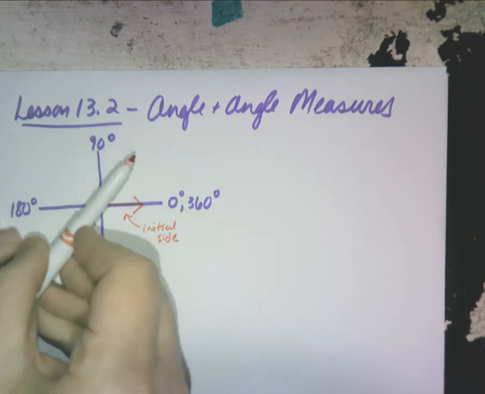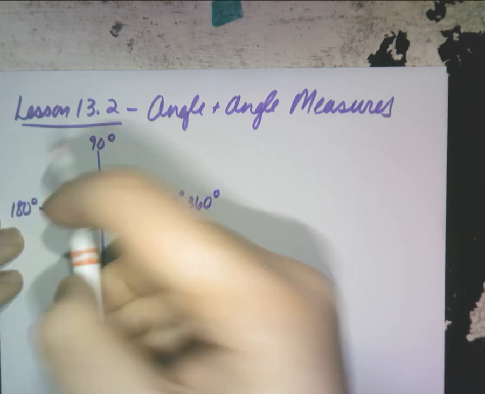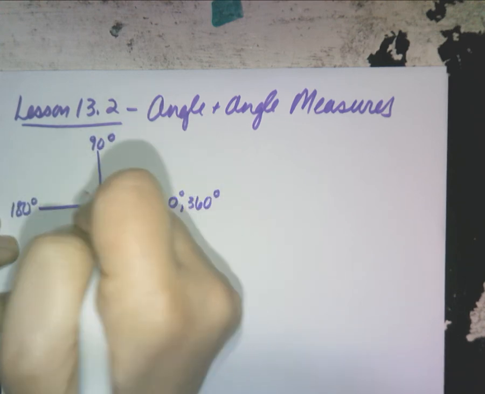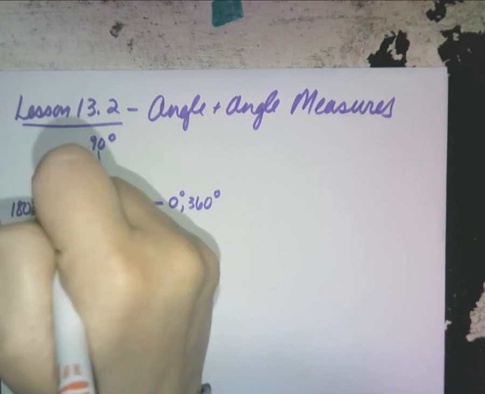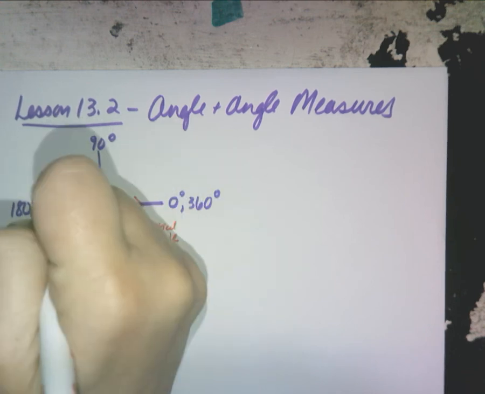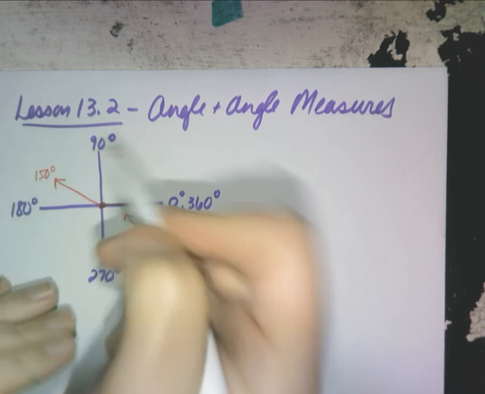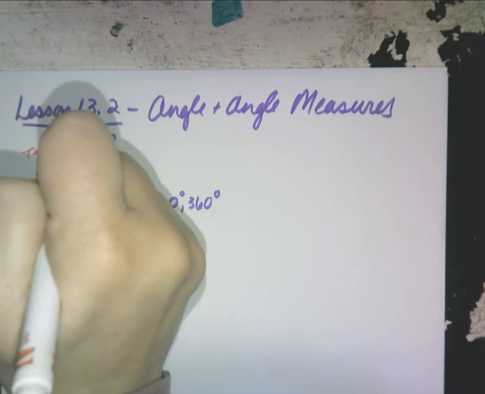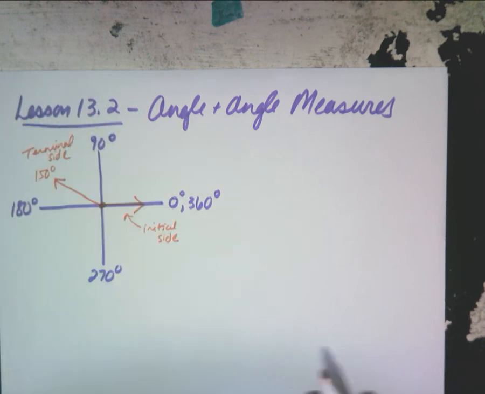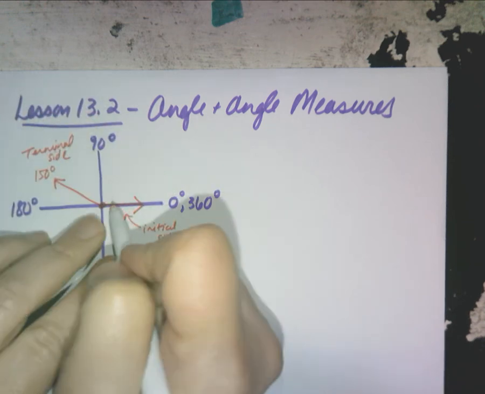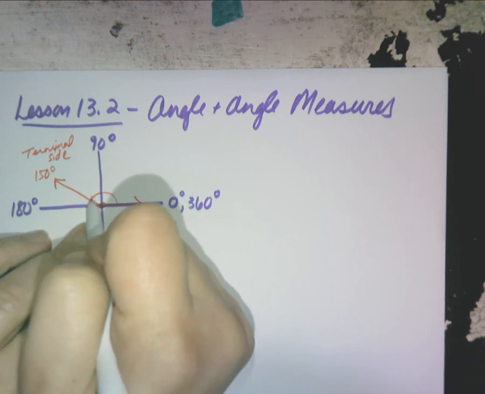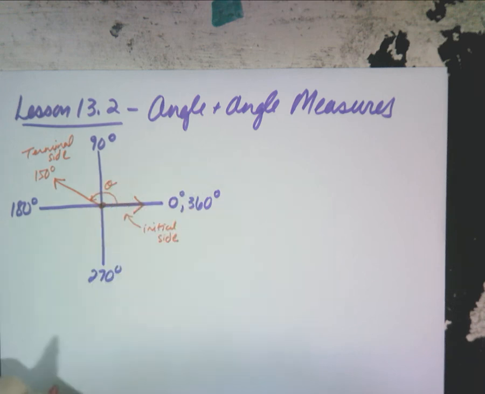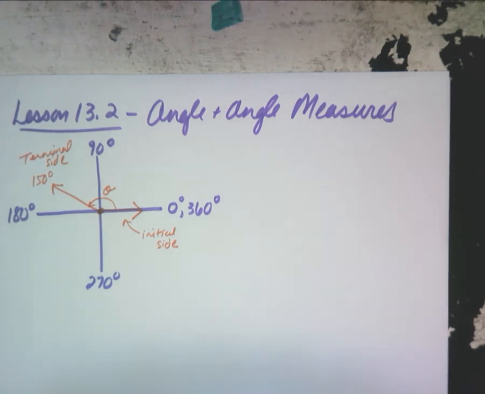So I'll land right here. We'll say this is 150 degrees. This would be your terminal side. Terminal meaning where it stops, where it ends, okay? The angle that it created is theta. Okay, we've seen theta before. That's the angle created, theta.